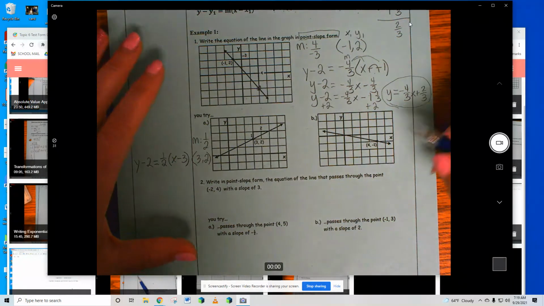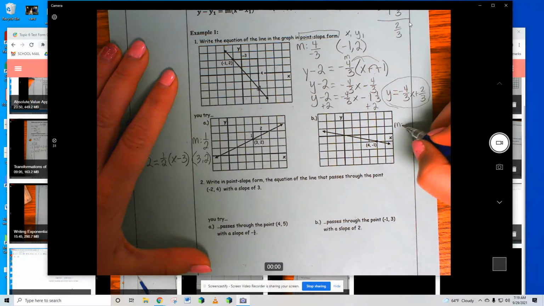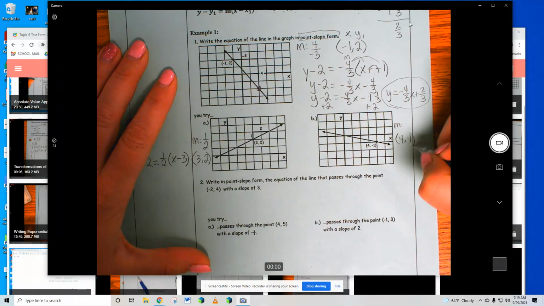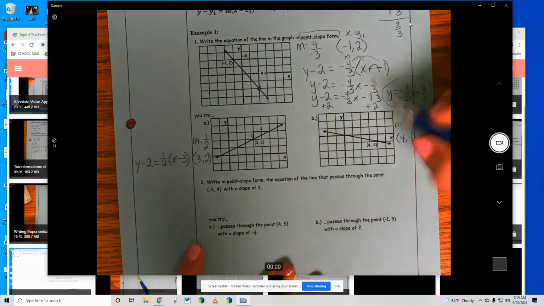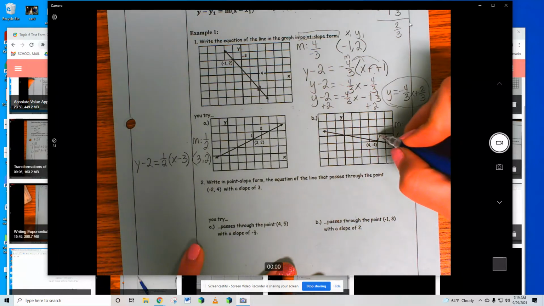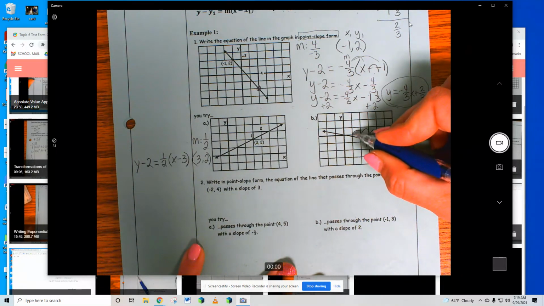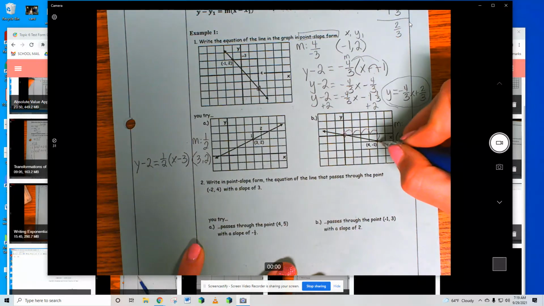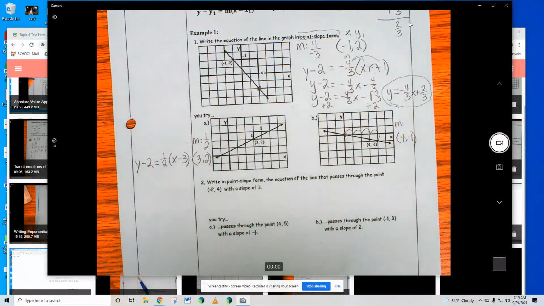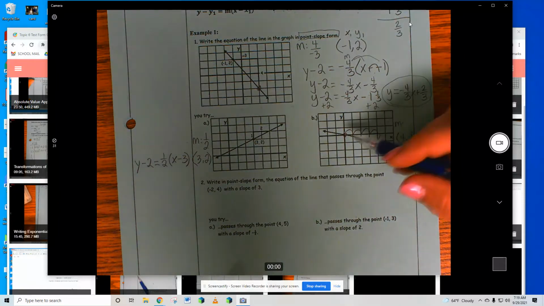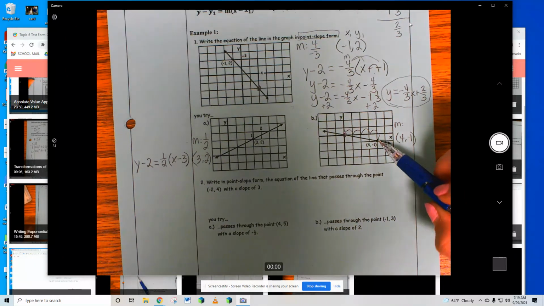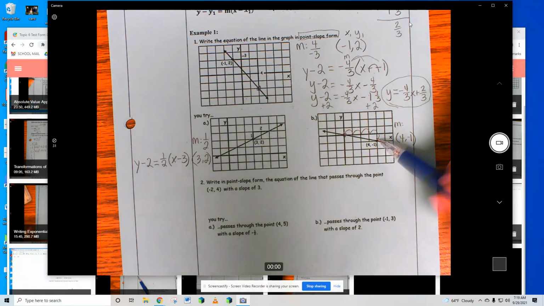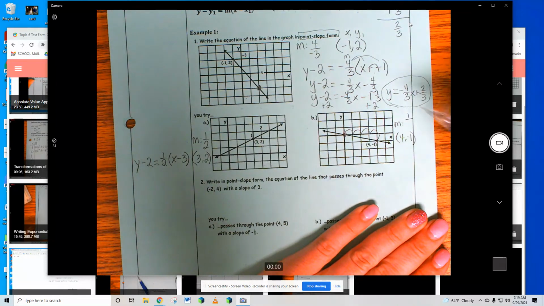The m is what? You had to find it yourself. What was it? What's the slope? Rise over run? Table 2, or Daryl or Emily, what's the slope of this B? 1 and what? -4. -1/4.